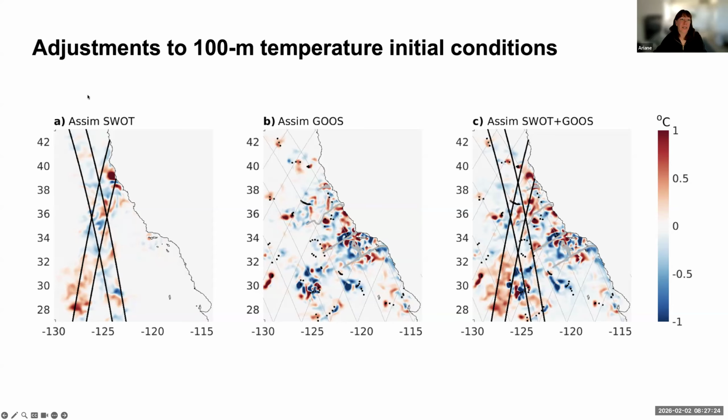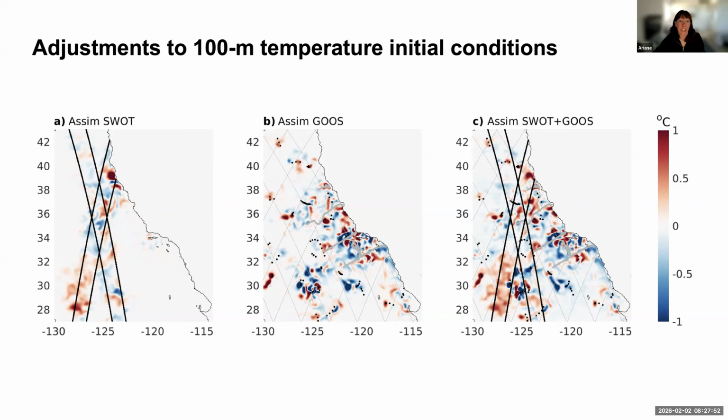Even when we assimilate only SWOT, so only sea surface height observations, the information propagates to depth, all the way to at least 100 meters and deeper in the water column because of the dynamics in the model. So the constraints can propagate the information both in space and in time.